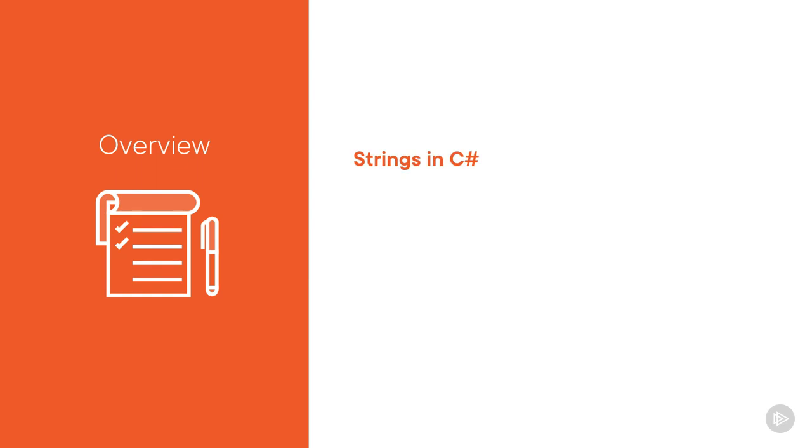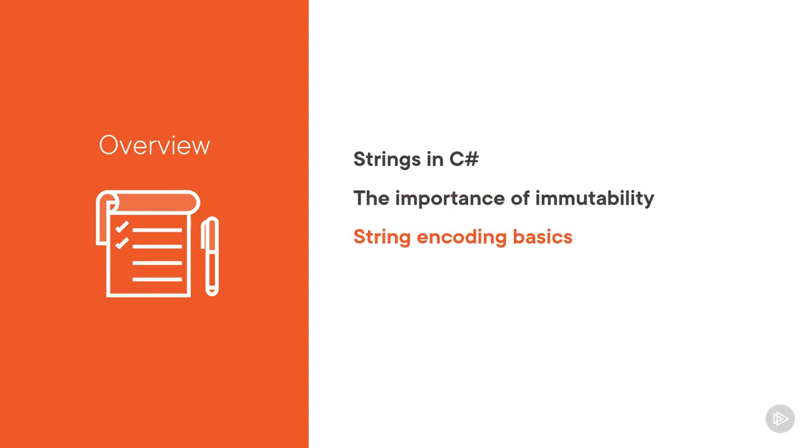In this module, you'll learn about the basic features of the string type in C#, the importance of immutability and its impact when working with strings, the basics of string encoding, and I'll introduce you to regular expressions.